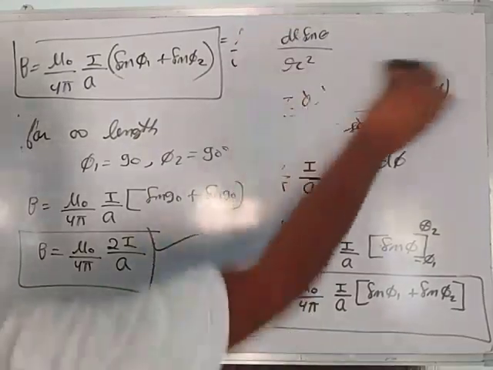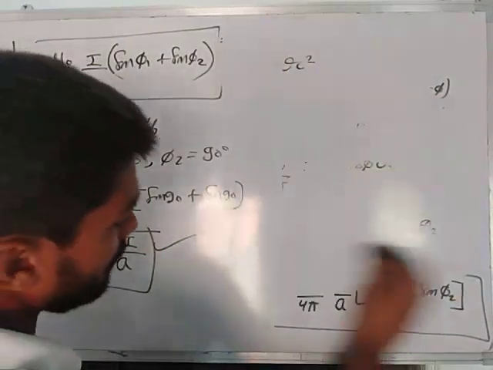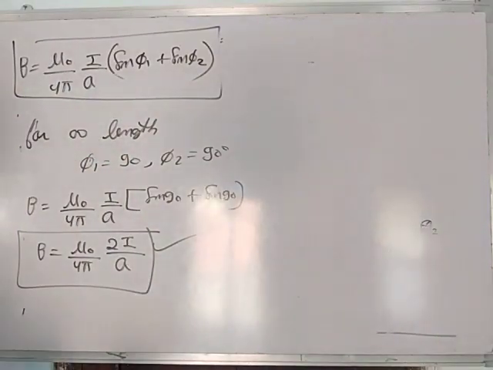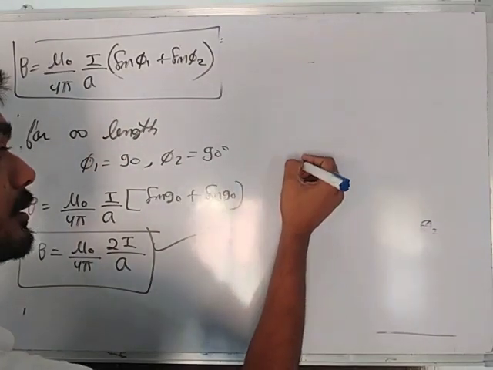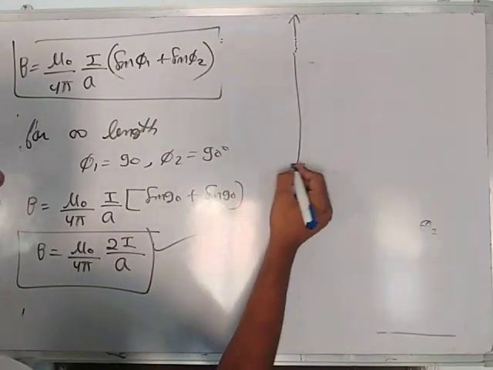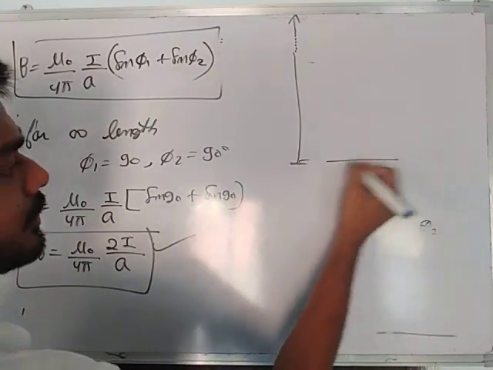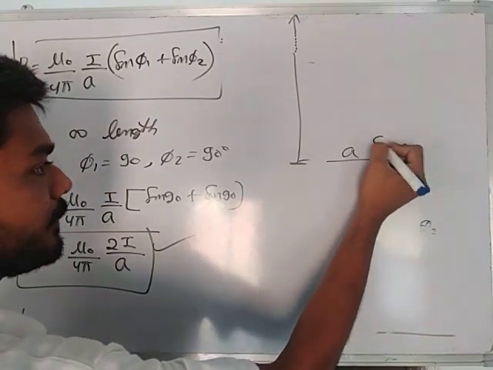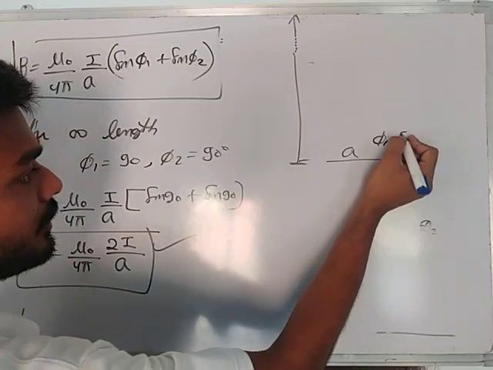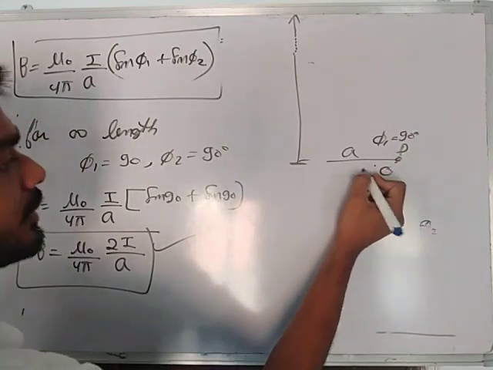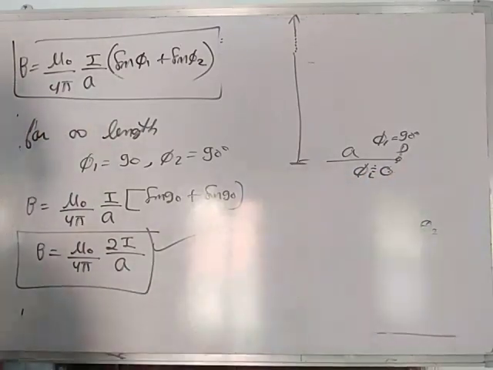For semi-infinite length, consider a conductor whose length is semi-infinite. Semi-infinite means this conductor extends infinitely in one direction. Then for this, at distance a, φ₁ will be 90 degrees and the lower angle, φ₂, will be 0 degrees.